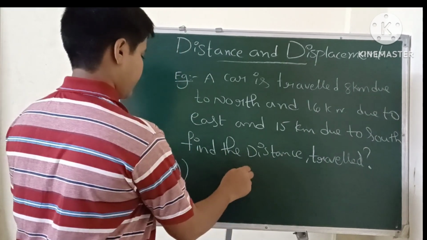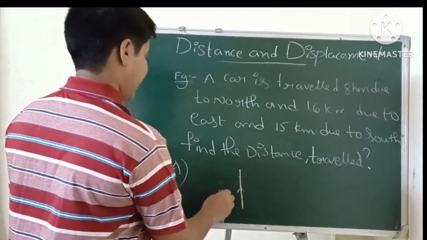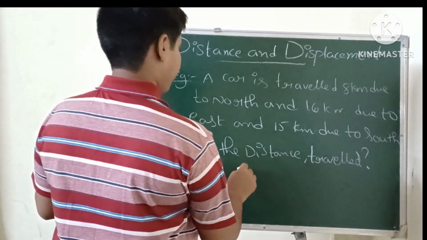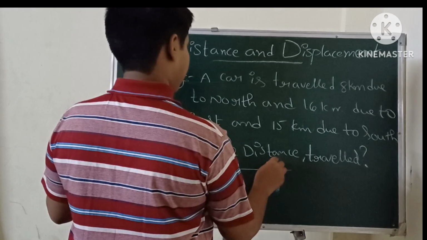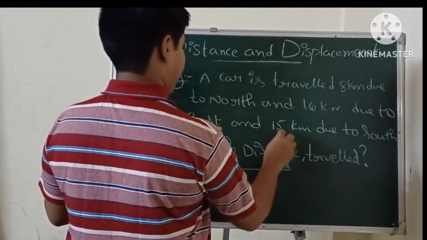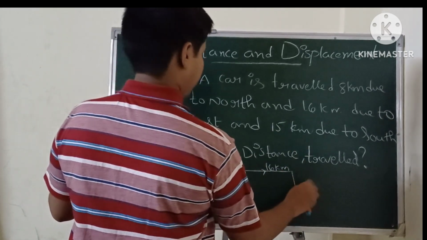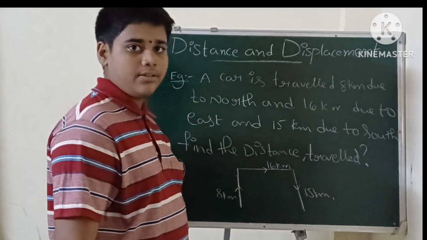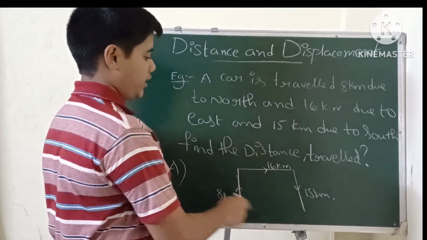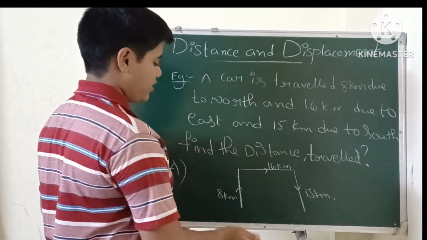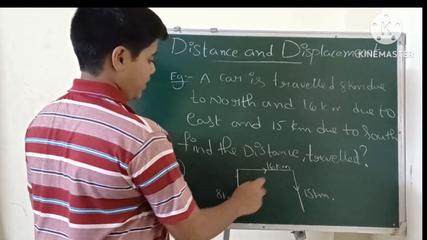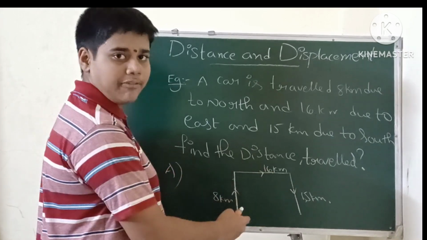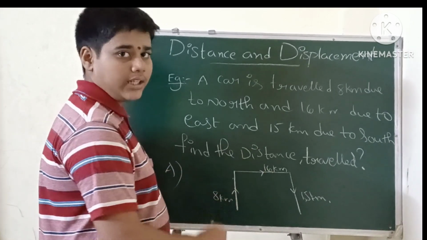See here, 8 kilometers, and due east 16 kilometers, and due south 15 kilometers. We have to find the total distance. So total distance means 8 plus 16 plus 15, which means 16 plus 15 is 31, 31 plus 8 is 39.